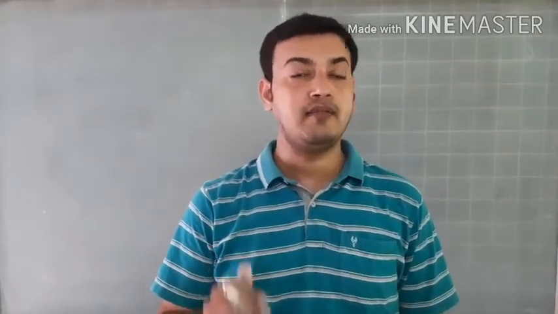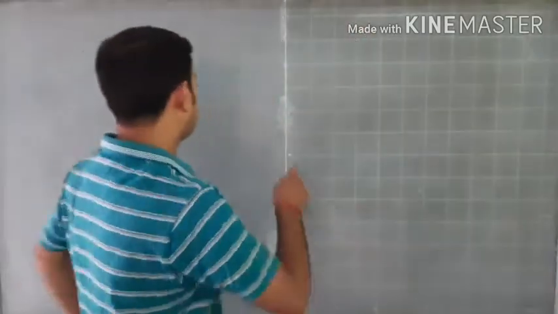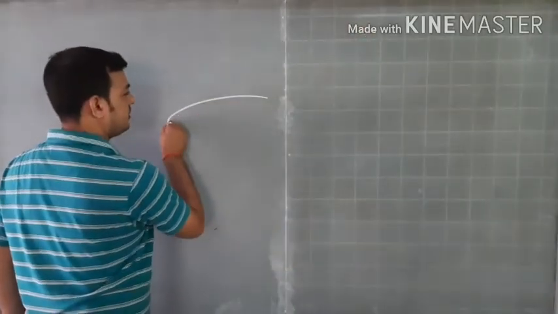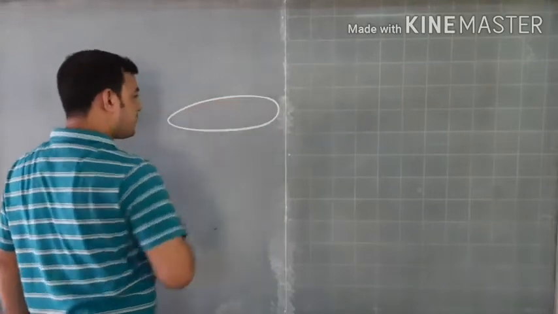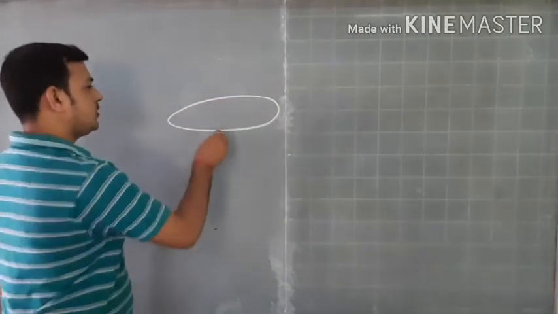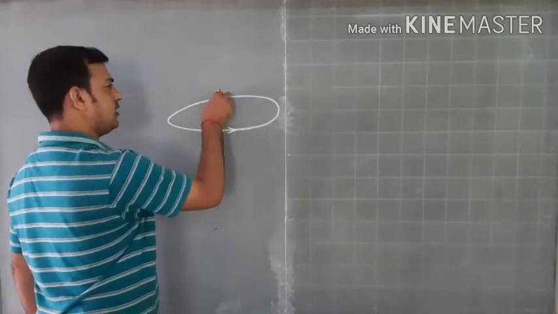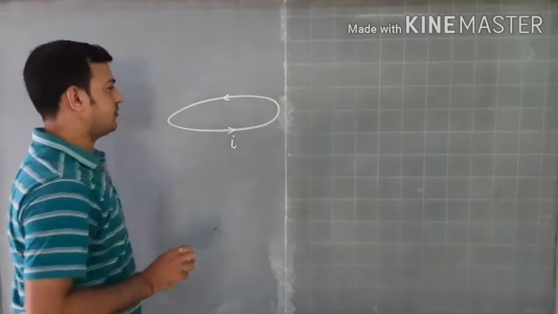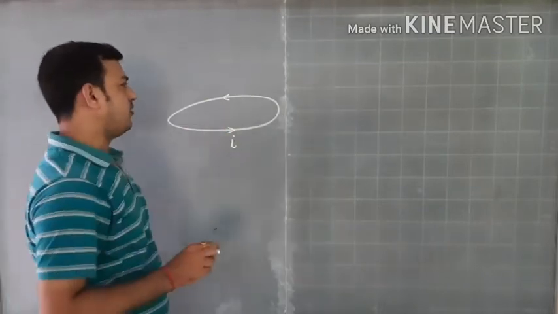Similarly, in magnetism, a current carrying coil that behaves like a bar magnet has some magnetic moment too. So just see the situation: it is a coil, and in this coil the current is in the anti-clockwise direction.